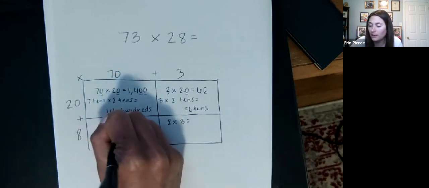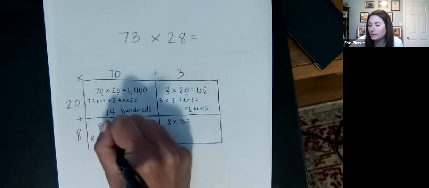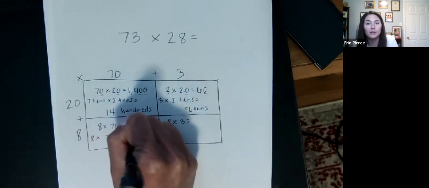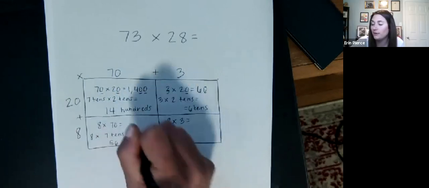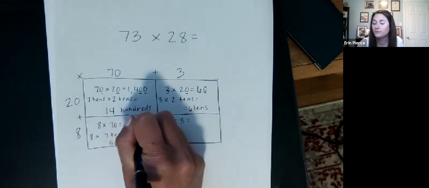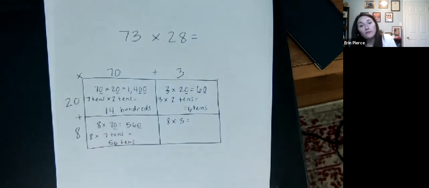My answer again will be in the tens. What is 8 times 7? Olive. 56. 56 tens, which gives me 560. And then 8 times 3 gives me an answer of, Hank. 24.